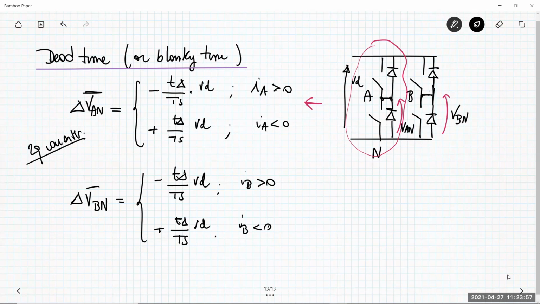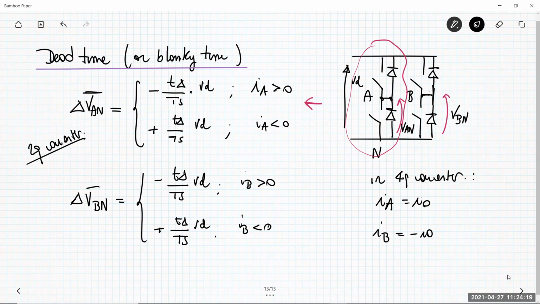The current IA is also the current I naught in this four-quadrant converter, while the current IB is negative I naught.